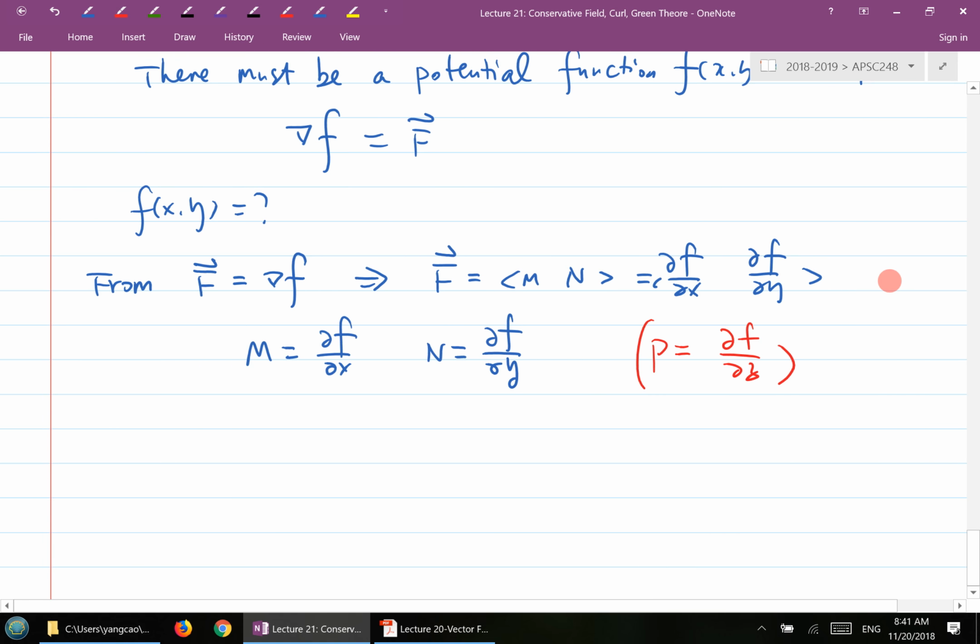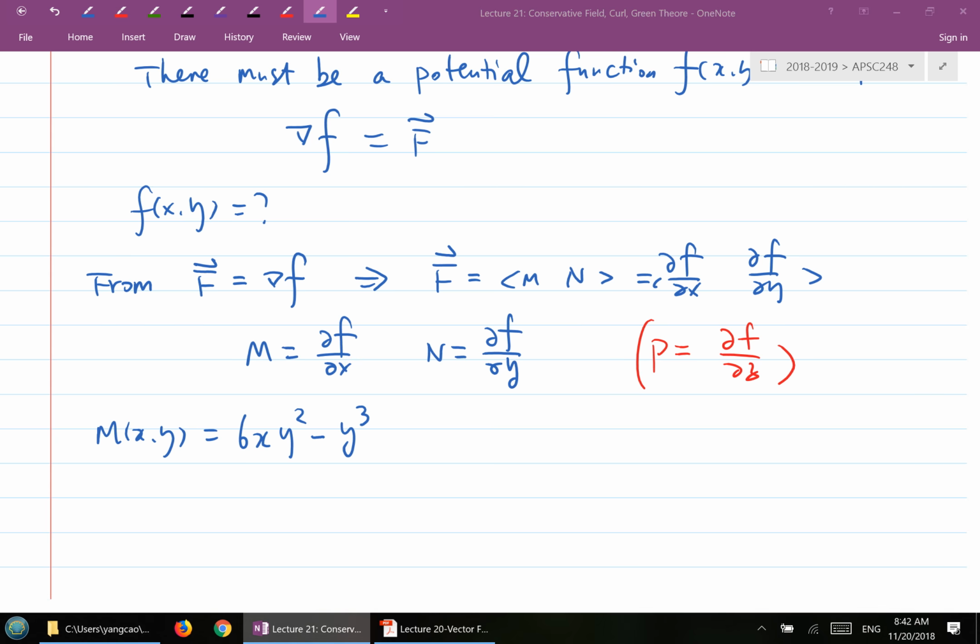Your M function is 6xy squared minus y cubed, and this function equals this partial derivative.